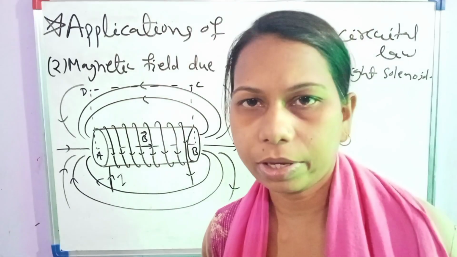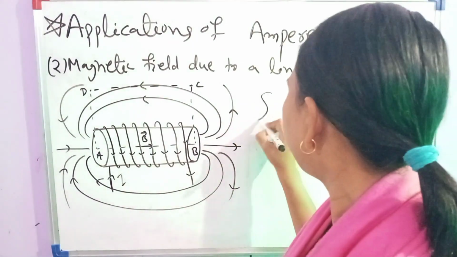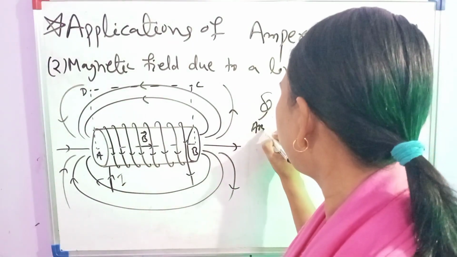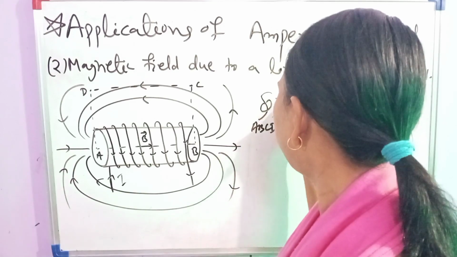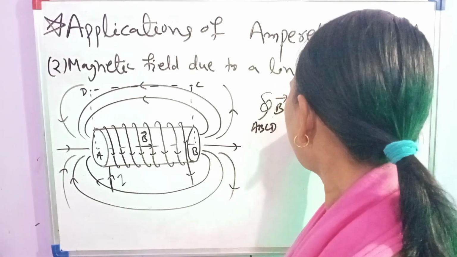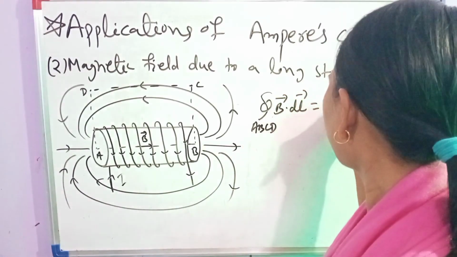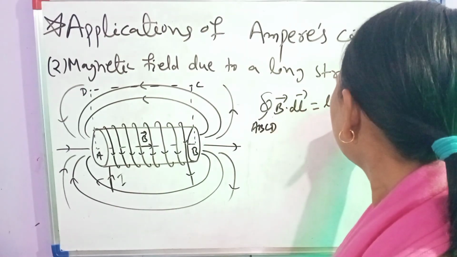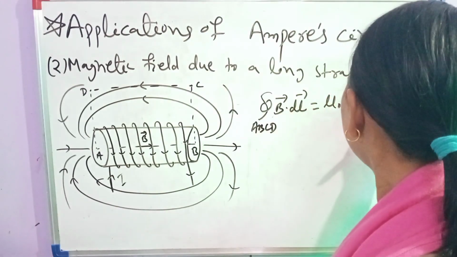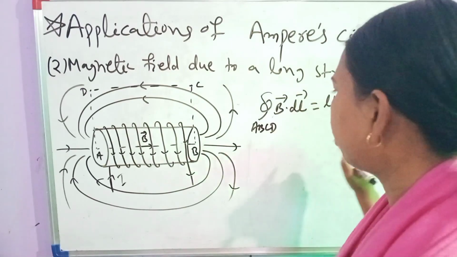So according to Ampere's circuital law, integration over the closed path ABCD of B dot dl equals mu naught times the total current threading through the solenoid.